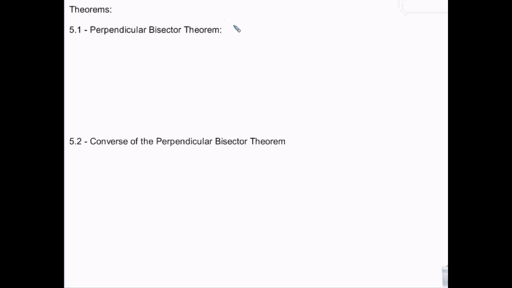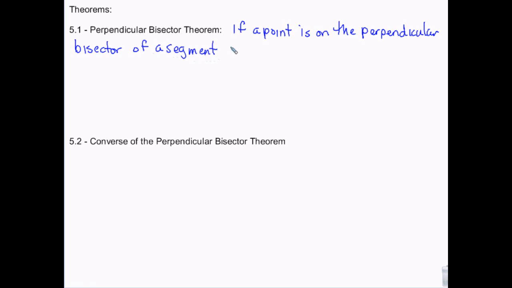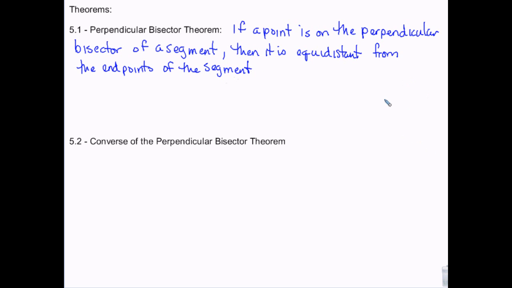And that states that if a point. Okay, so the perpendicular bisector theorem tells you that if a point is on the perpendicular bisector of the segment, so any point on a perpendicular bisector, it will be equidistant from the endpoints of the segment.